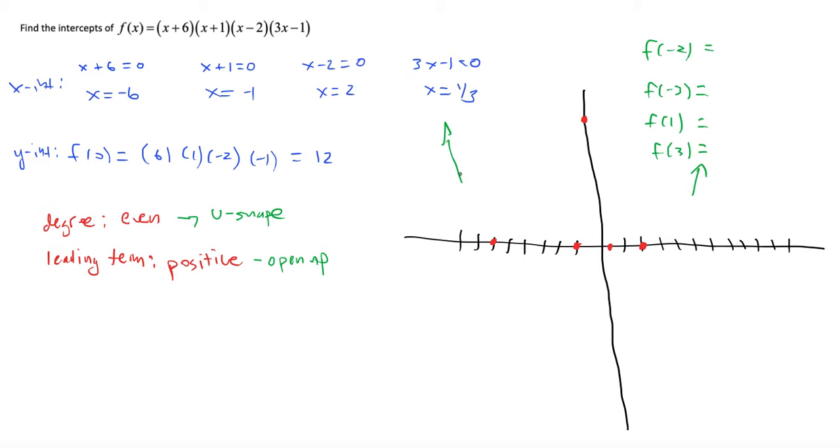But then the question is, okay, what happens in between? Well, these are the x-intercepts. We know that our graph must touch the x-axis here and must come back. We call this a turning point. There's the next x-intercept. So remember, we're not going to do something crazy and loop around and have some sharp corners. Polynomials are called smooth curves. So we're just going to go to that x-intercept.